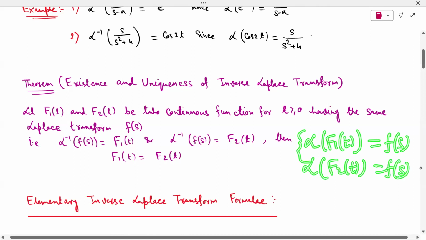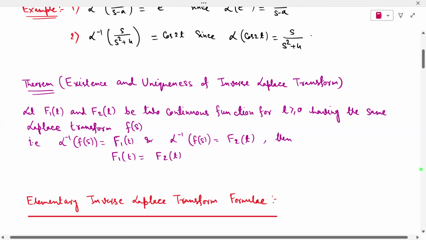If this holds, then L inverse of f(s) equals f1(t) and L inverse of f(s) equals f2(t). They are the same, and in that case f1(t) equals f2(t). So for a given function f(s), it always has a unique inverse Laplace transform.